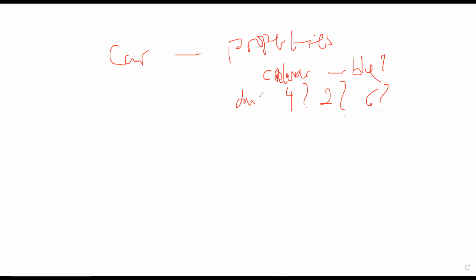So, door. Then the number of tires. We have some cars with 3 tires. Is it 3? 4 tires? In fact, some vehicles 6 tires, and so on and so forth. These are properties.